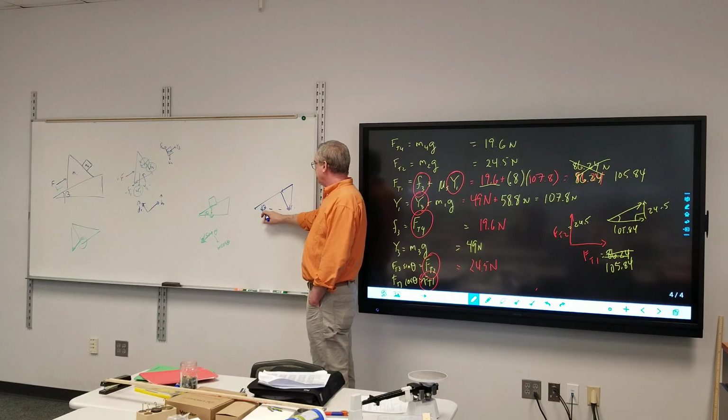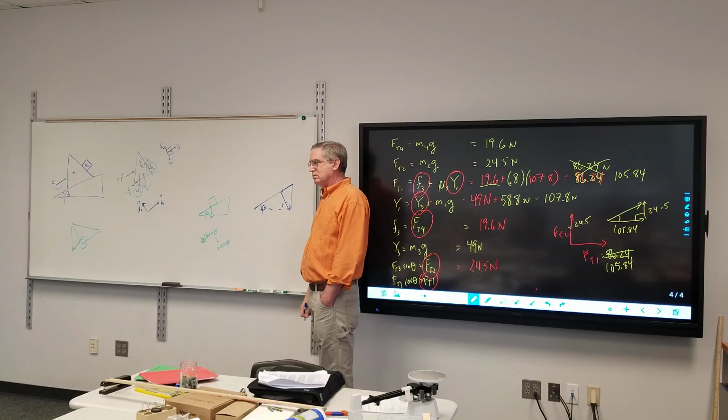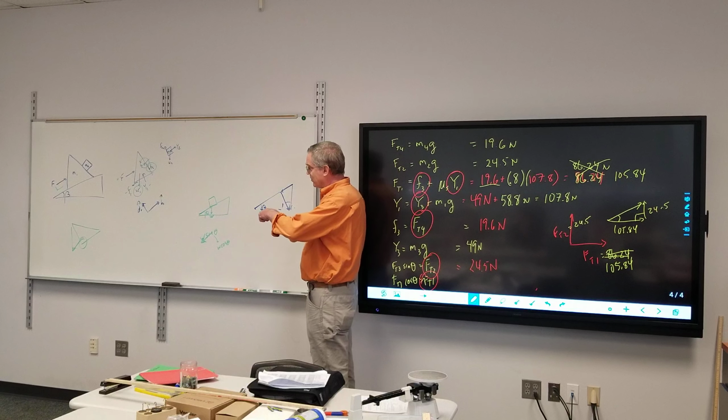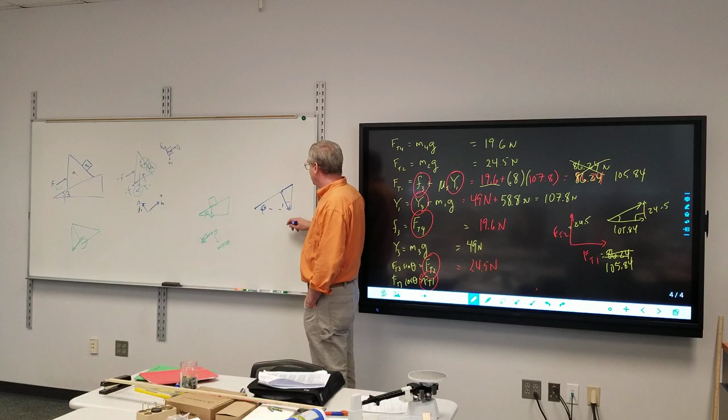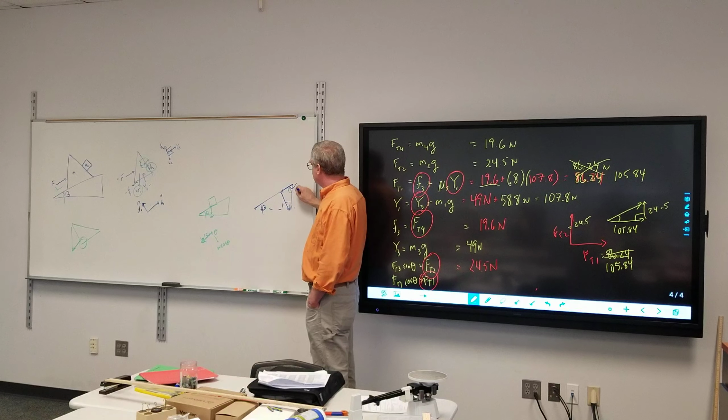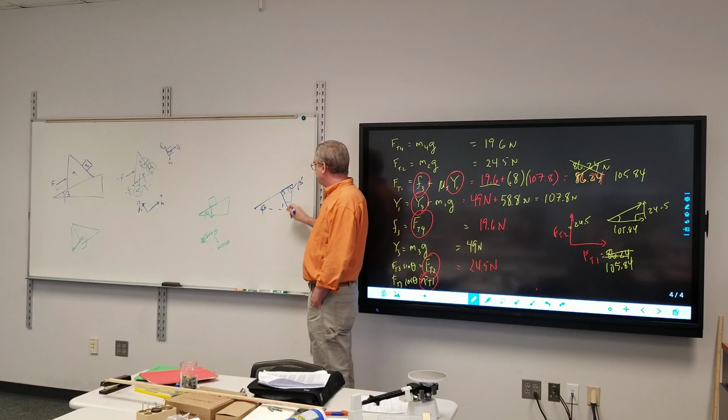If this is beta, and this is a right triangle, because beta is from the horizontal and weight acts down perpendicular to that, this angle right here has got to be the complement of beta. And I also have a right triangle here. This angle here is beta. So since this is the opposite of beta, it's sine.